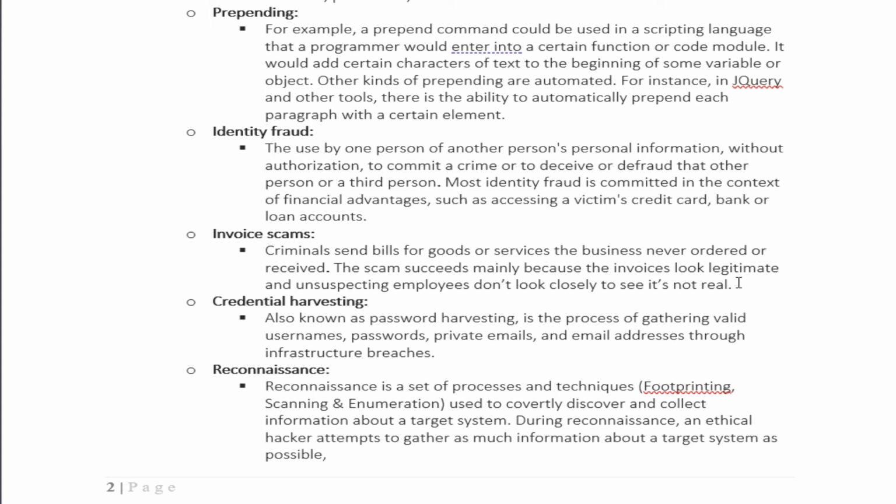This is the use by one person of another person's personal information, without authorization, to commit a crime or to deceive or defraud that other person or a third person. Most identity fraud is committed in the context of financial advantages, such as accessing a victim's credit card, bank, or loan accounts.